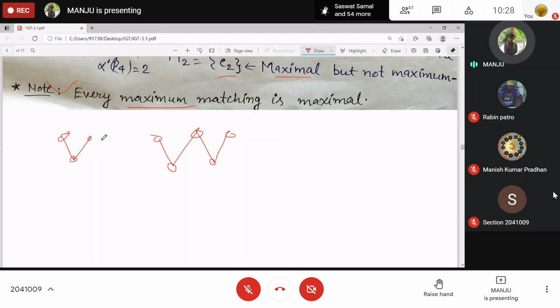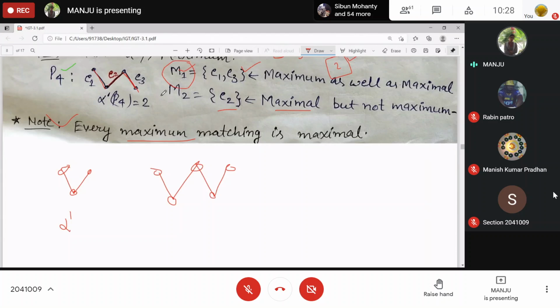Can you find the cardinality of the maximal and maximum matching for P5? The maximum matching cardinality is alpha dash, right? So tell me alpha dash for this one. For P4 it was 2.